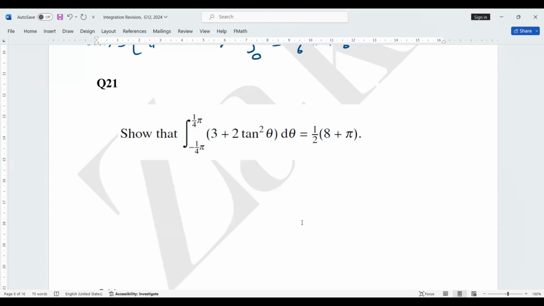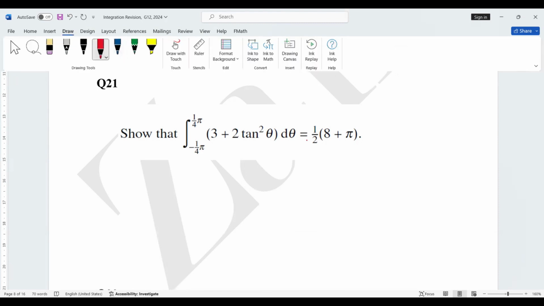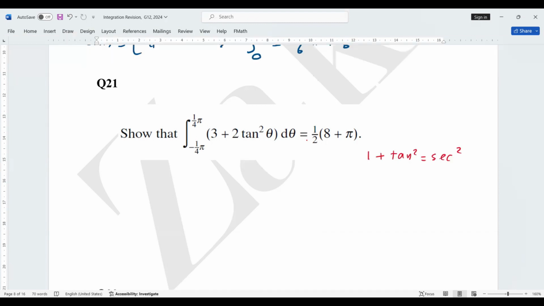We have integration of sec squared. Then we need to convert tan squared to sec squared. What is the relation? 1 plus tan squared equals sec squared. Then tan squared theta equals sec squared theta minus 1. So we replace tan squared by sec squared minus 1.